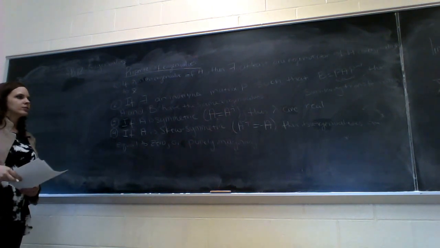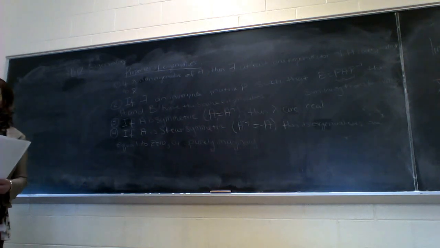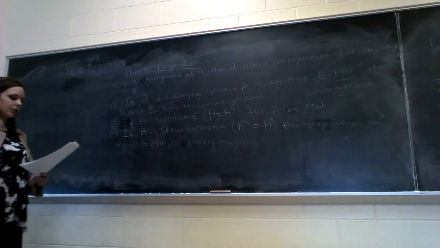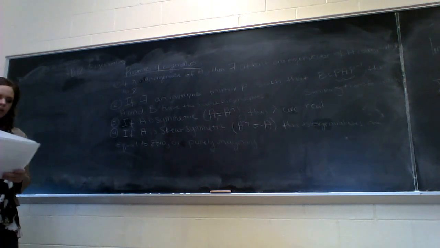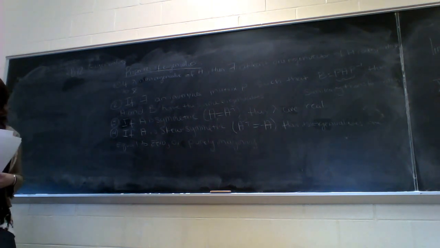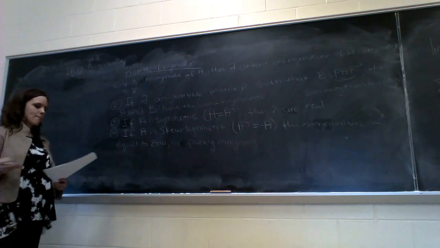So we have a skew symmetric matrix and the eigenvalues are going to be 0 or completely imaginary, so we'll have no complex terms. They won't have complex terms? Not in a skew symmetric matrix. Just purely imaginary or 0.